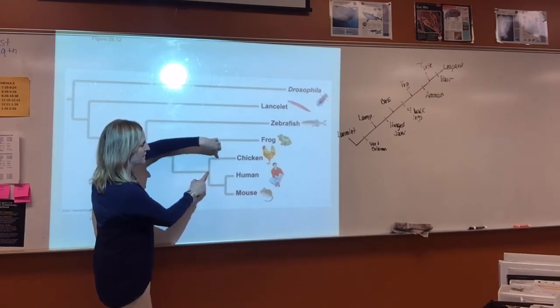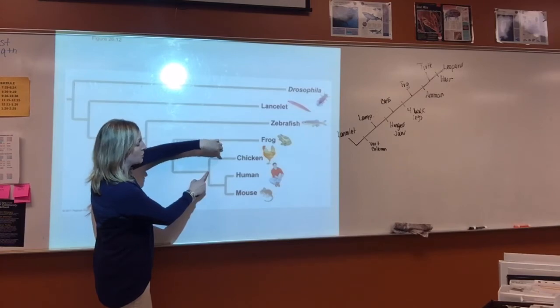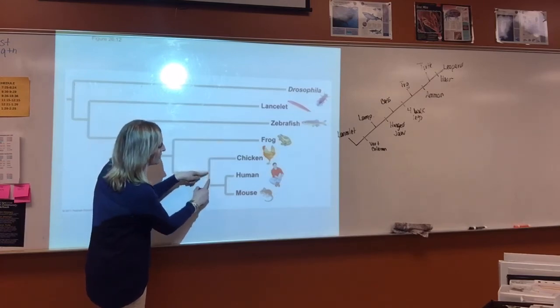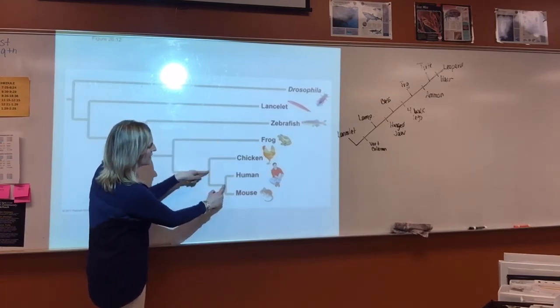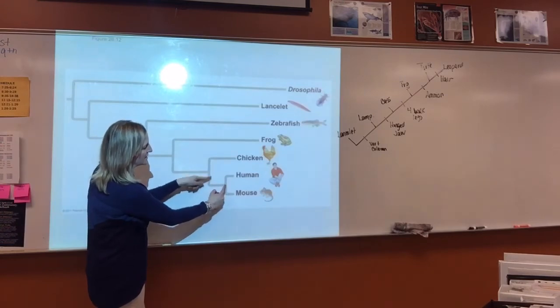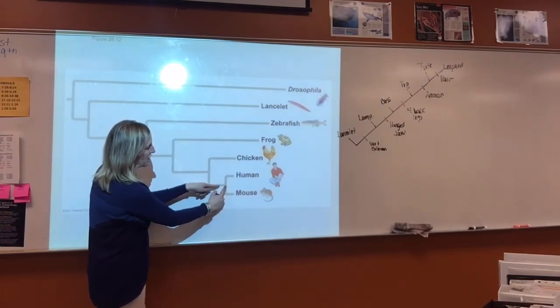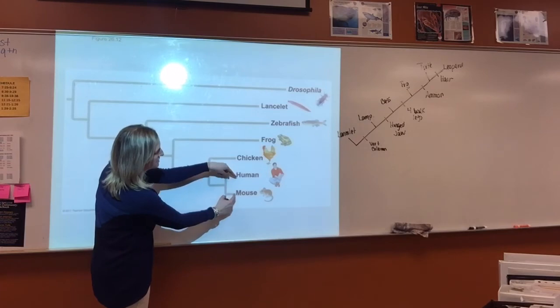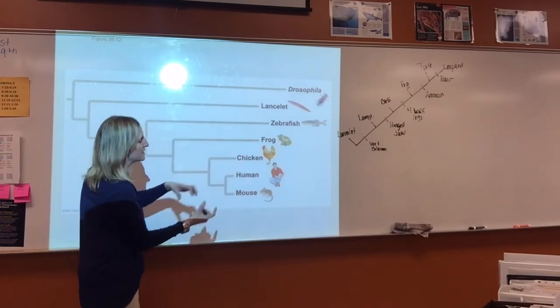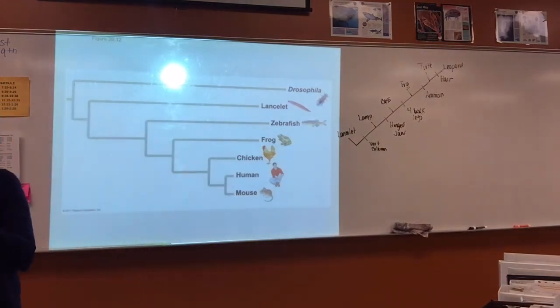Therefore the length of the line is important. From this ancestor to this ancestor there's this much change, and from the mouse and human ancestor to the mouse, this much change. So the lines are relative, based upon how much genetic change is happening.